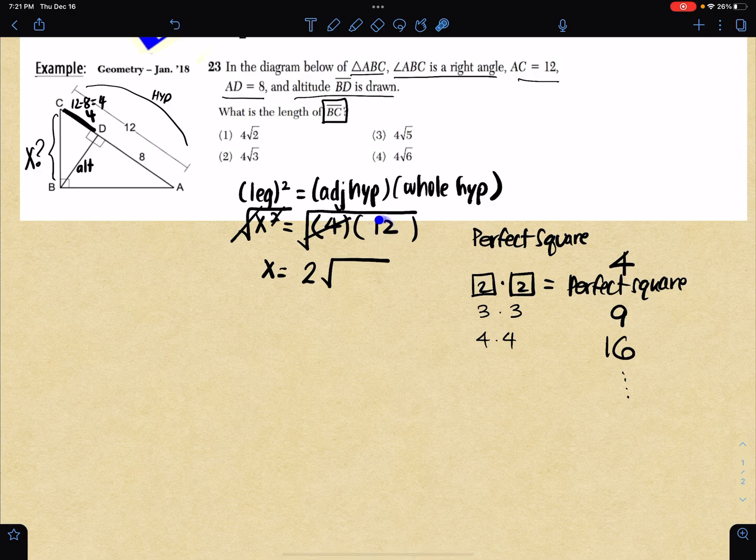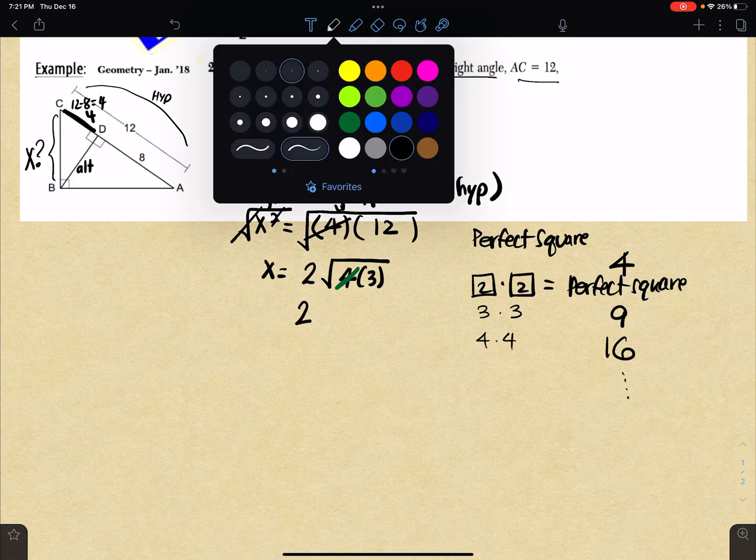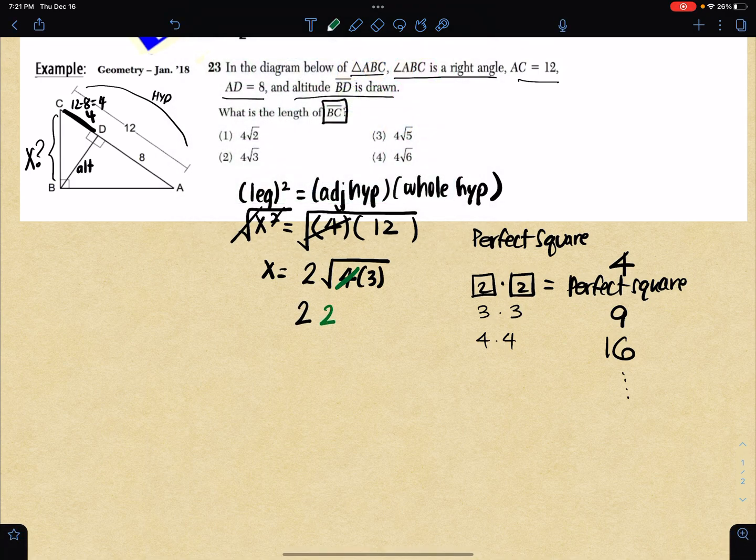Now let's break this number up. So what two numbers multiply to give you 12? Well, 4 times 3. I'm trying to pick numbers that are perfect squares. So once again, the square root of 4 is 2. So when it comes out, another 2 comes out, right? So this was the 2 from before, and now I have the 2 that comes out. Now, what do I do with these two numbers?